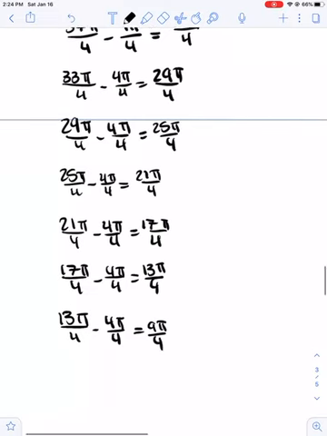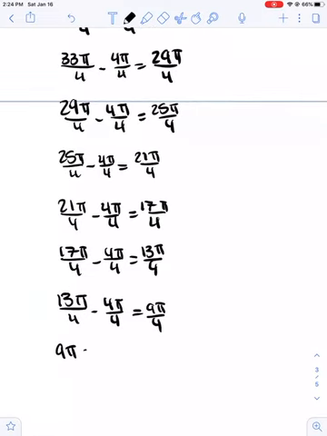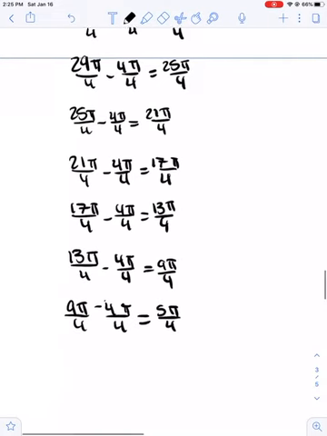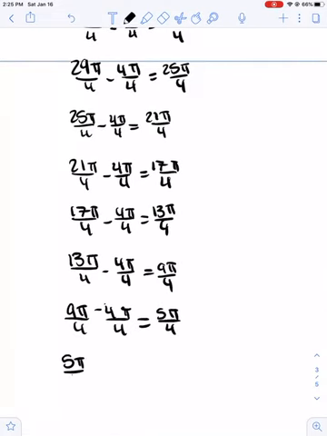Equals 9 pi over 4. 9 pi over 4 minus 4 pi over 4, we get 5 pi over 4. And then 5 pi over 4 minus 4 pi over 4, we end up getting pi over 4, which is on our unit circle.